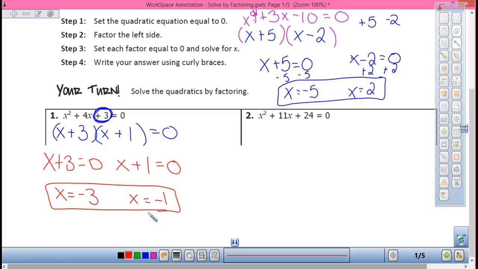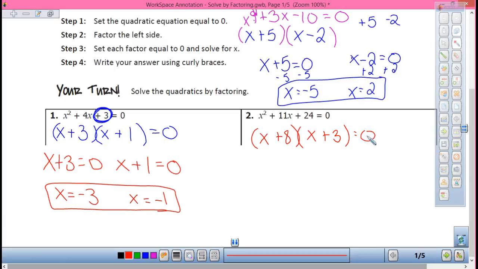All right, so now we need to multiply to 24. We need to add to 11. So we got to find two numbers that multiply to 24 and add up to 11. 8 and 3. So x plus 8 and x plus 3 equals 0.